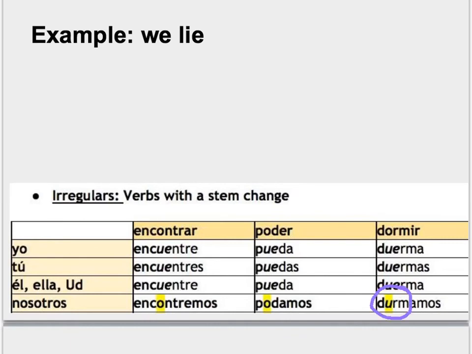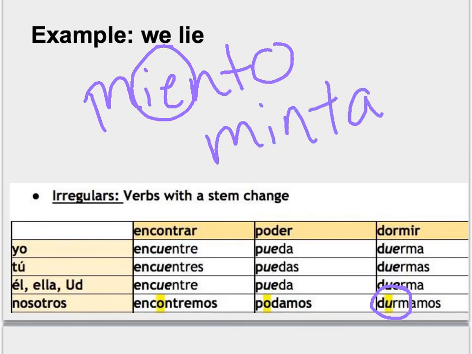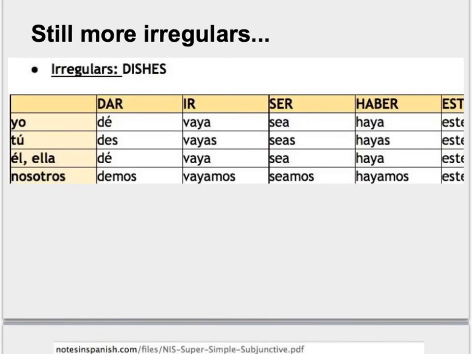It's just going to have a one-letter stem change. Miento has a two-letter stem change, but we're just going to have a one-letter stem change in the subjunctive. And we have mintamos. Mentir is an IR verb, so the opposite ending is going to give us mintamos.